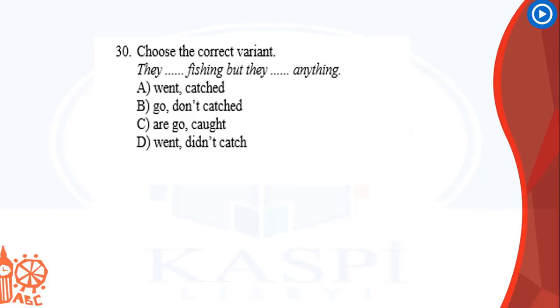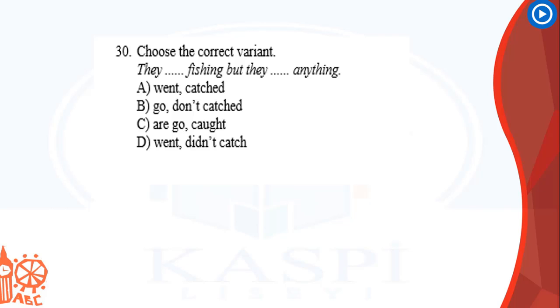Let's see what's wrong with C. In variant C, to be and the verb are used together. They are go. We never use to be with the verb.